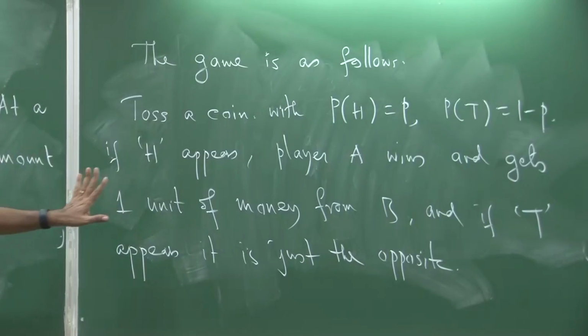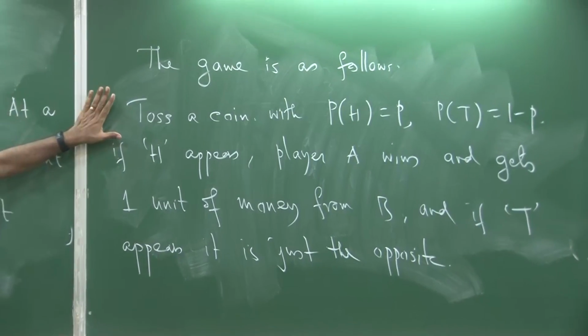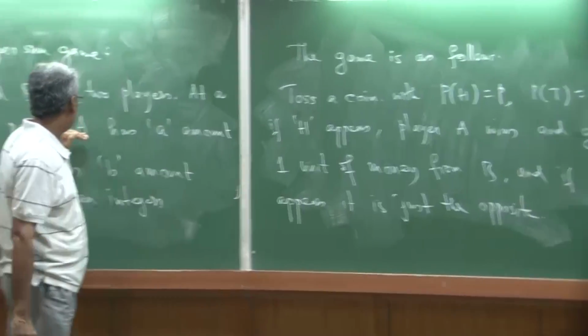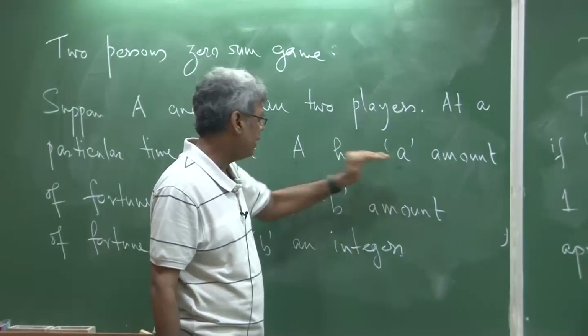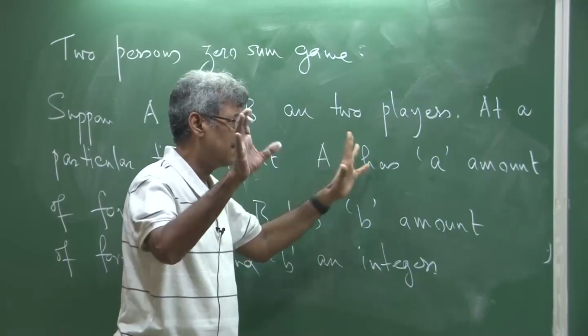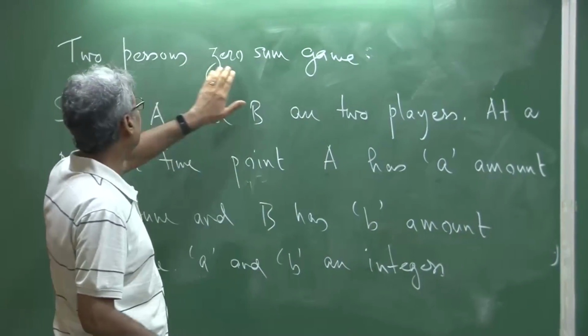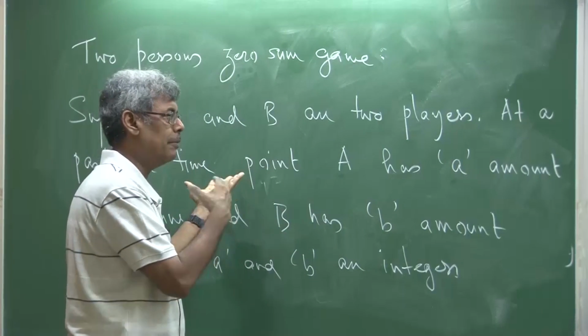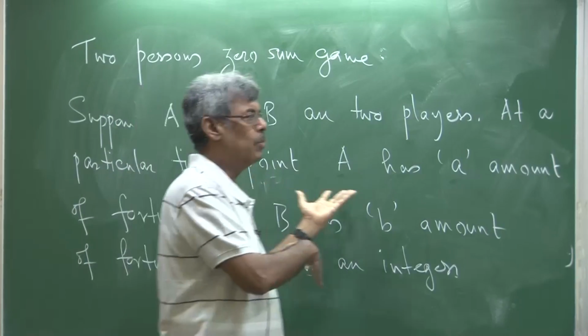I think the game is clear: at any particular time point, player A has a amount of money, player B has b amount of money. There is no money coming from outside, and that is the reason it is called a zero sum game. That means if A wins, then B loses; if B wins, A loses.